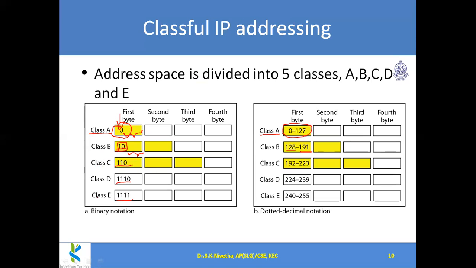If you remember this, then filling the remaining bits with all zeros gives the first value of the range, and all ones gives the last value of the range. In that way, we can easily identify the ranges, or even for quick calculations, you can remember the ranges directly.